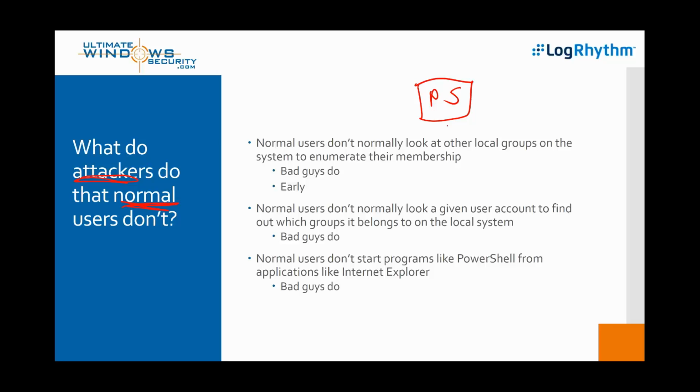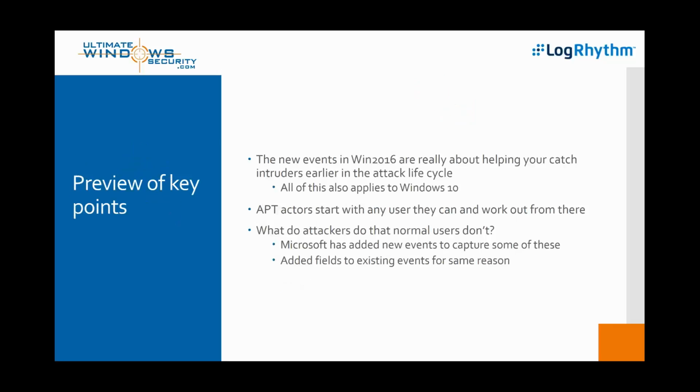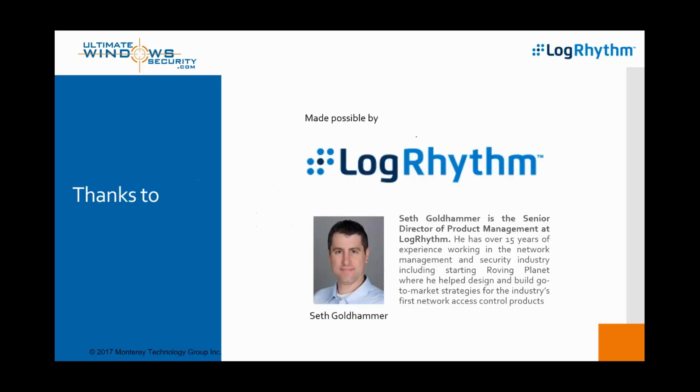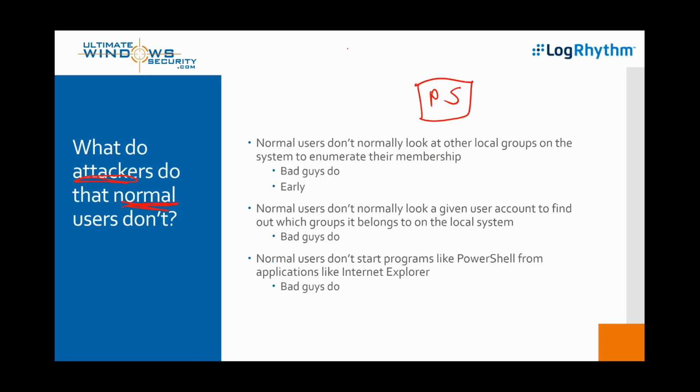But if we see PowerShell started from the Start menu, okay, we might still be interested depending on what kind of user Bob is. But if we see something like this, where Internet Explorer started PowerShell. Okay, now I'm starting to get nervous.